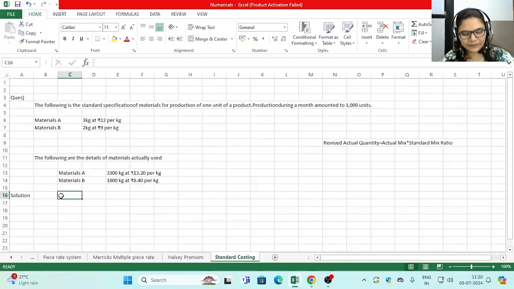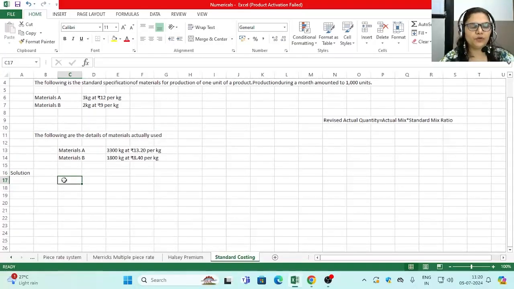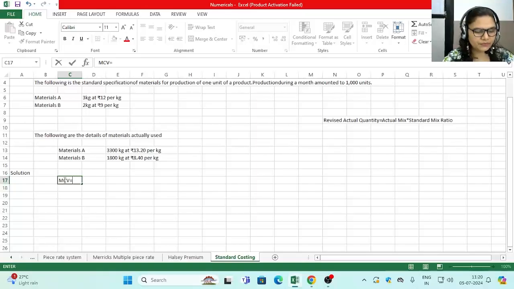Material cost variance is equal to standard price into standard quantity minus actual quantity into actual price.